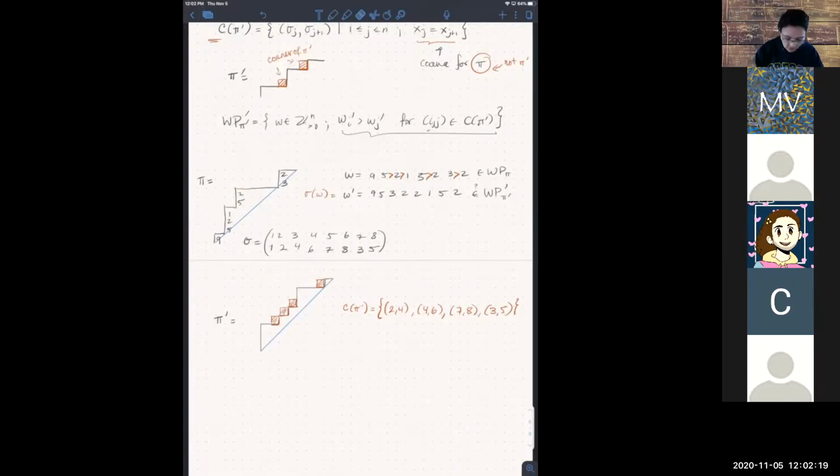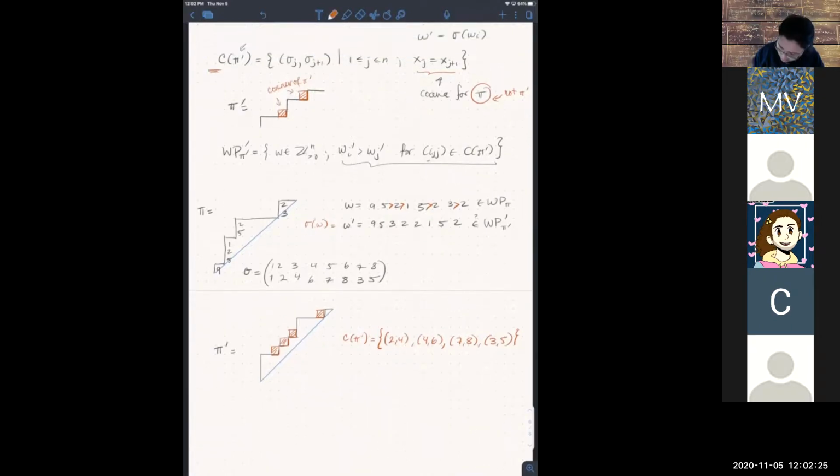So how does that look when we translate it over here? Well, that's exactly saying that if we look at positions 2 and 4, so this is position 2, and this is position 4, right? So for positions 2 and 4, this condition has to hold. That's exactly saying that 5 has to be bigger than 2.